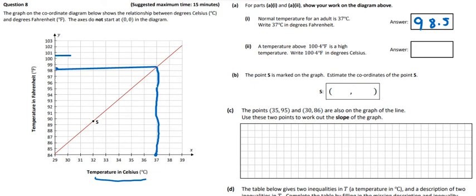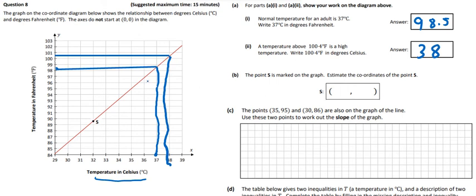What you need to do is draw a line across to where it meets the red line, and then go down. I think it's 38 exactly. So if you use a ruler and go straight down, it should get you to 38.